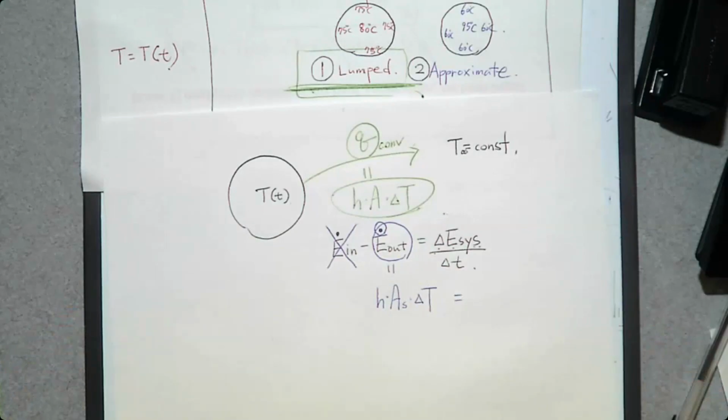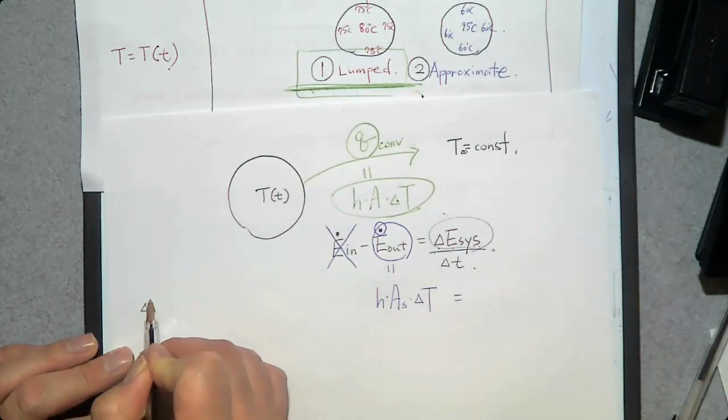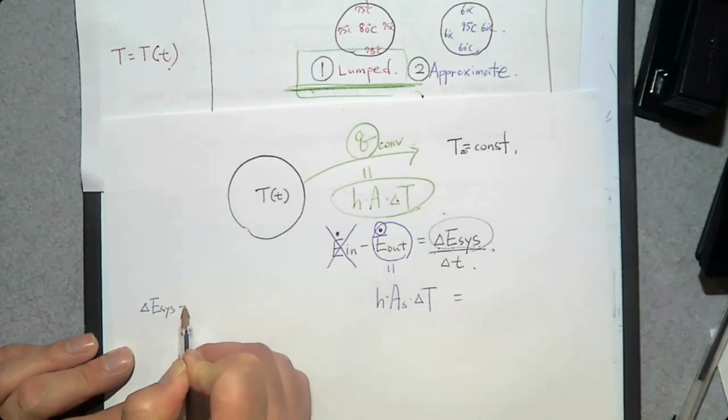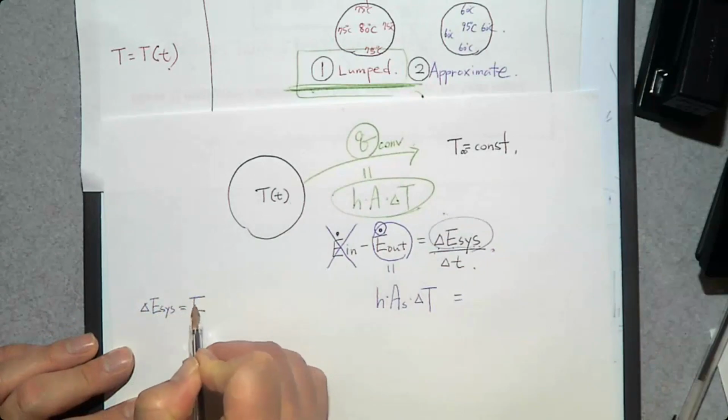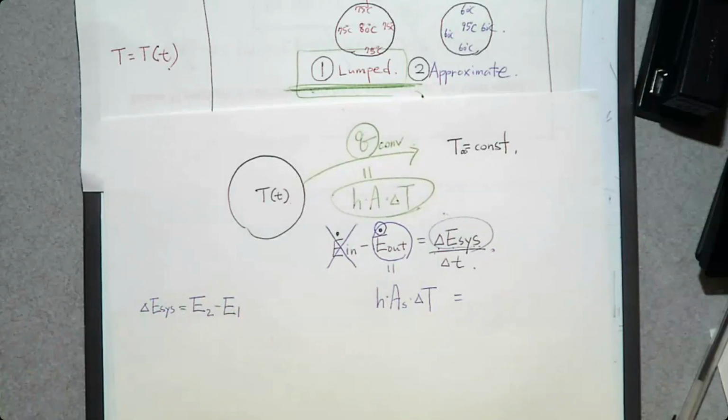Then, how can we determine the change of energy of a system? The change of energy of a system can be determined by the total energy at the final state minus the total energy at the initial state.